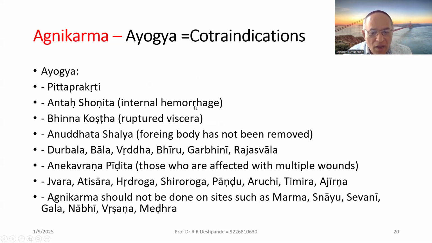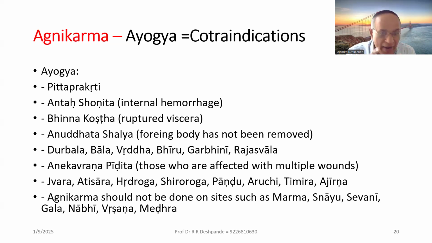Now, where we cannot do Agni Karma, that is Ayogya, the improper patient or improper condition where Agni Karma is better avoided. Contraindications. Naturally, Agni is fire and fire is Pitta. So whenever there is Pitta Prakopa or Pitta Pradhana Prakriti, Pitta Vata Prakriti, or only Pitta Prakriti, you should be very cautious.